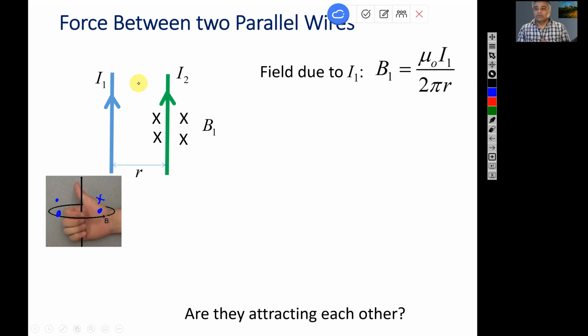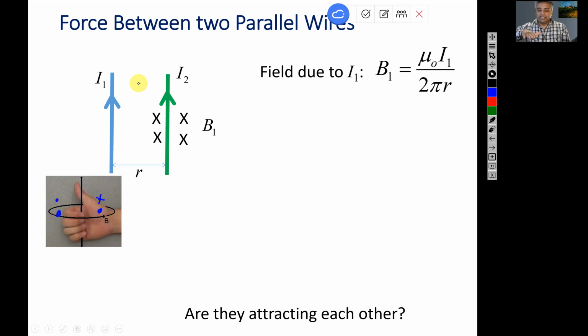So now what happens? That green wire experiences force because it's carrying current and it's sitting in the magnetic field B1. So now you can find that by using your right hand rule. My screen is kind of flat, so I'm making my hand kind of flat.